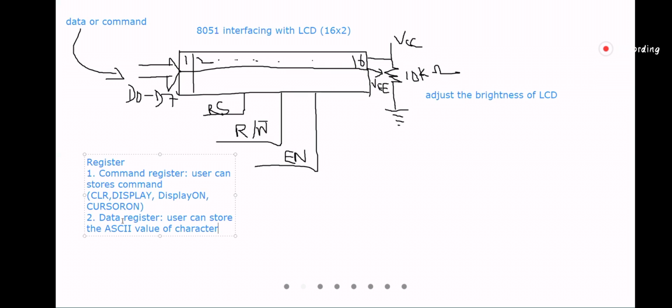So there are mainly two types of register in LCD: one is the command register and one is the data register. The command register is to store commands like clear, display on, cursor on. The data register, on the other hand, is used to store the ASCII value of the character.